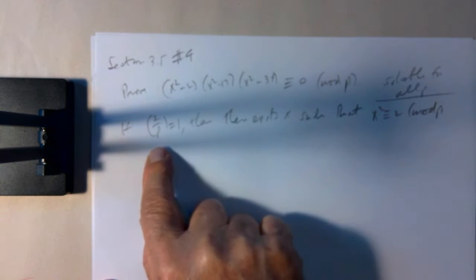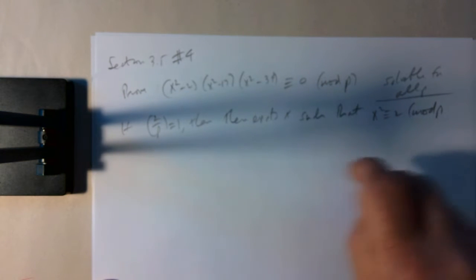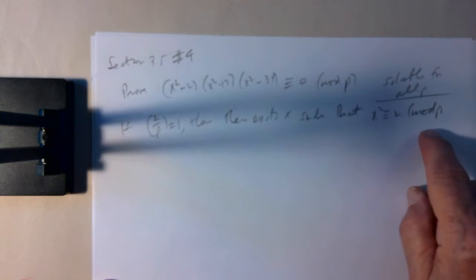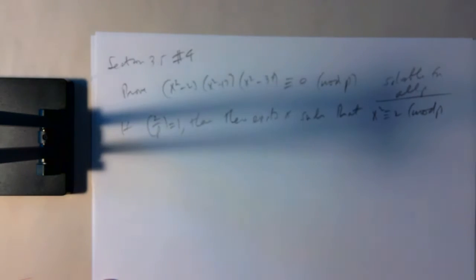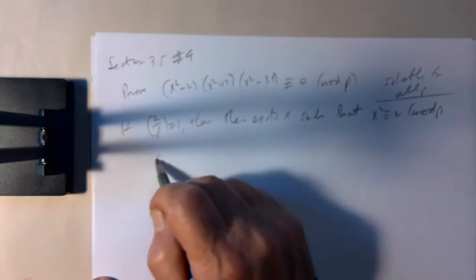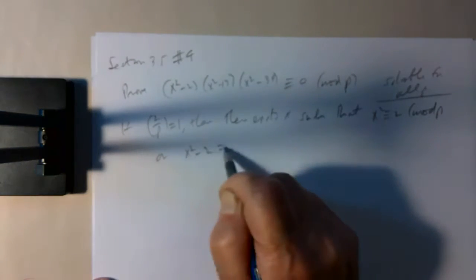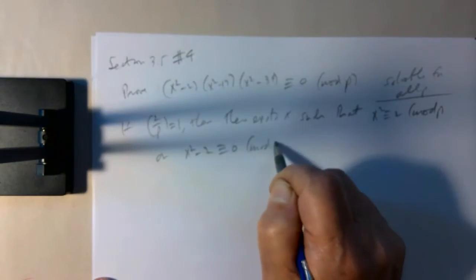Right, because this means 2 is a quadratic residue mod p. So there's an x such that x squared is congruent to 2 mod p, or equivalently, x squared minus 2 is congruent to 0 mod p.